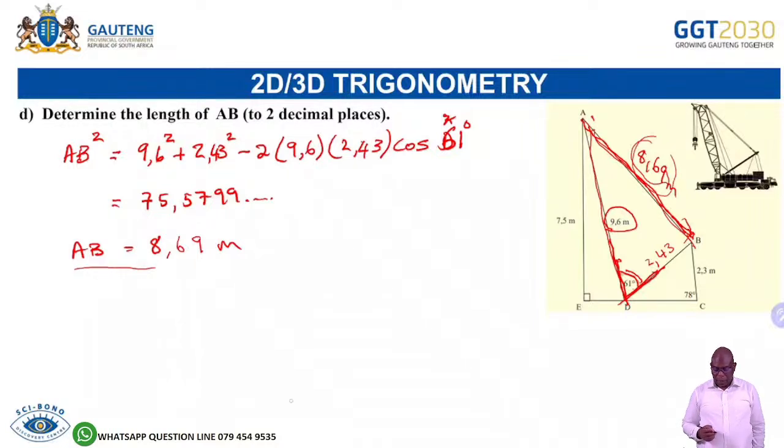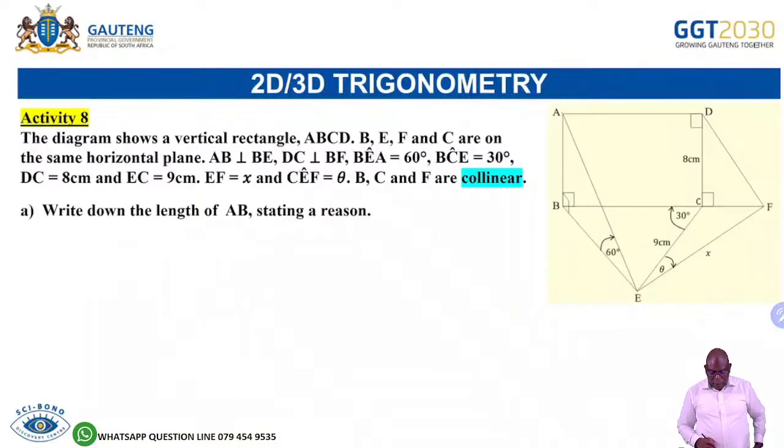All right. Now, in the next activity, this one looks very complicated, but it's quite easy. It says the diagram shows a vertical rectangle ABCD. So you can see ABCD is a rectangle.